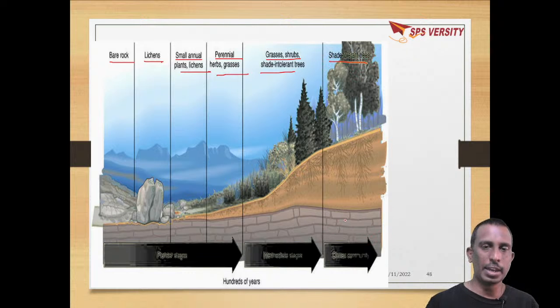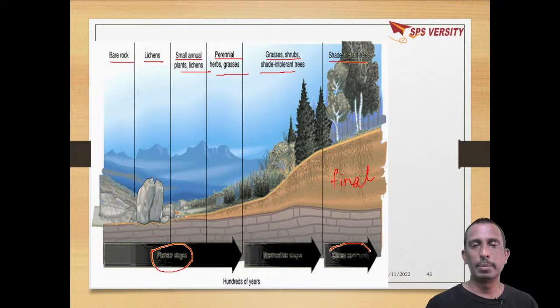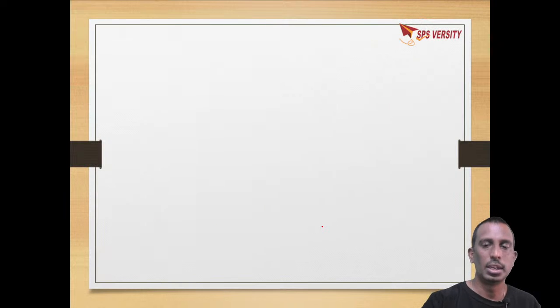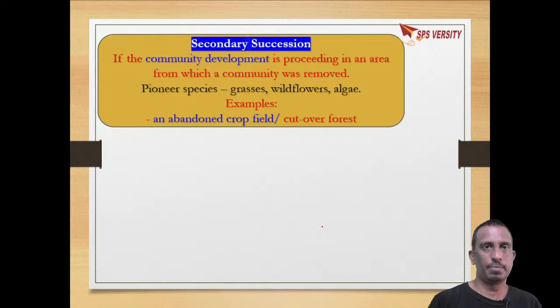The final community which is stabilized is called the climax community. The initial one is called the pioneer community, and the final one is called the climax community. Between these are called intermediate stages.